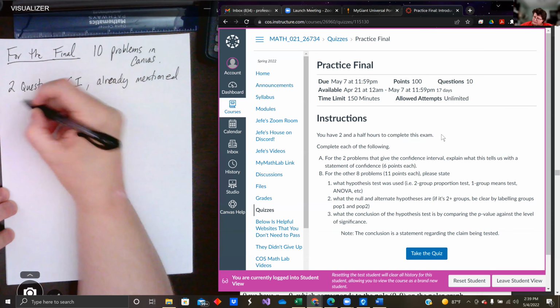But it tells you here: explain what this information tells us with a statement of confidence. I will provide you with the question, AKA word problem, and the lower limit / upper limit values.